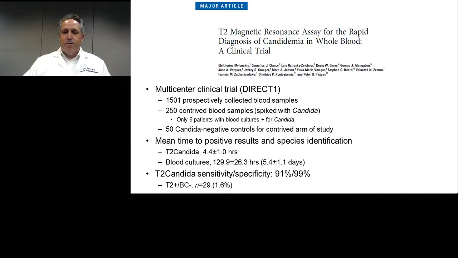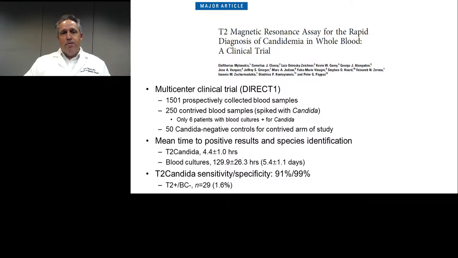half of the presentation. So FDA clearance was based largely on data from this multi-center clinical trial, the so-called DIRECT-1 study. This was performed at 15 U.S. centers, involved over 1,500 prospectively collected blood samples, which were largely negative for any Candida or bacteria. And in fact, only 6 patients enrolled in this study had a blood culture that was positive for one of the 5 Candida species that is detected by the T2 Candida assay.